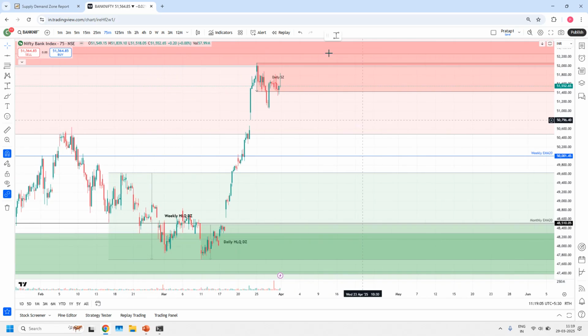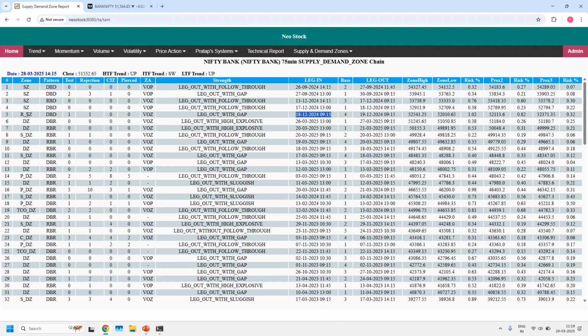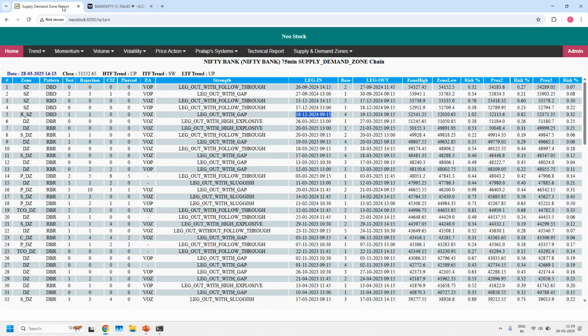This is the high liquidity supply zone. And what is the next supply zone?